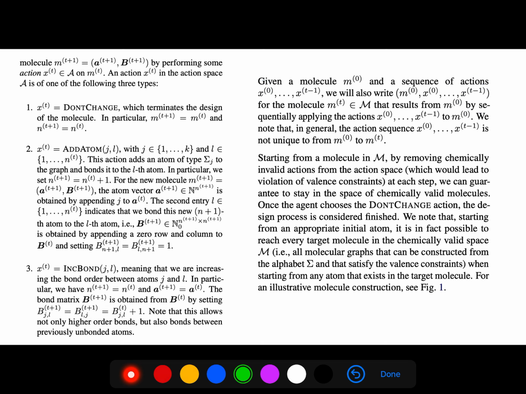An action in the action space is just one of three types. You either don't change anything, which terminates the design of the molecule, or you increment a bond, increasing the bond order, or you add an atom. This action adds an atom of type J to the graph and bonds it to the existing atom L.